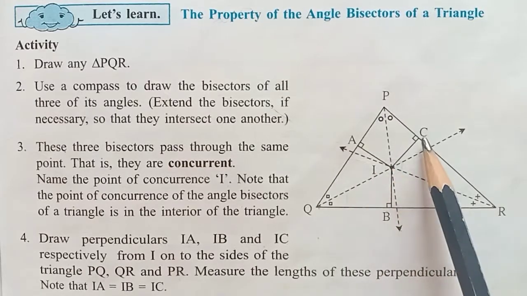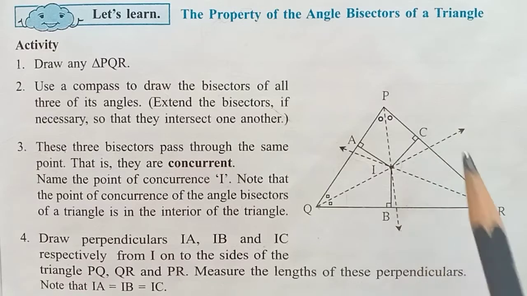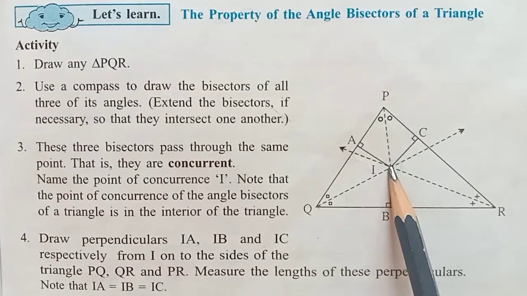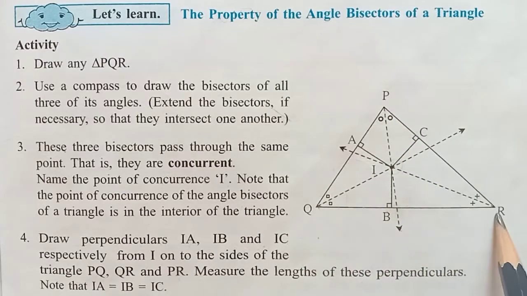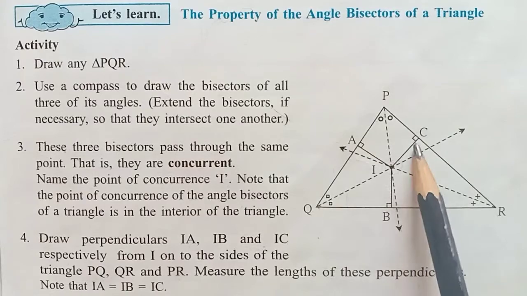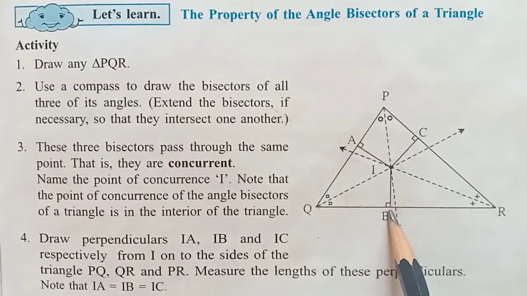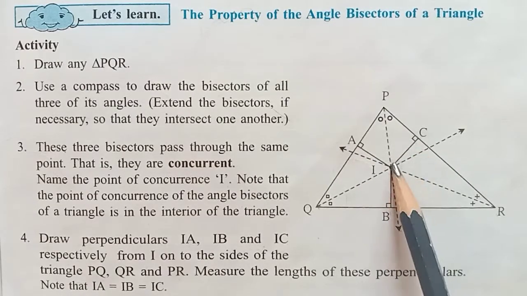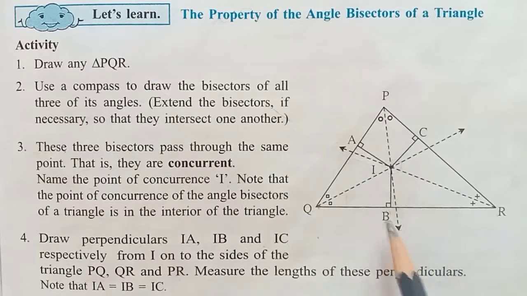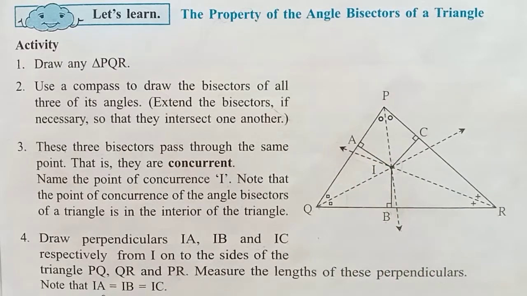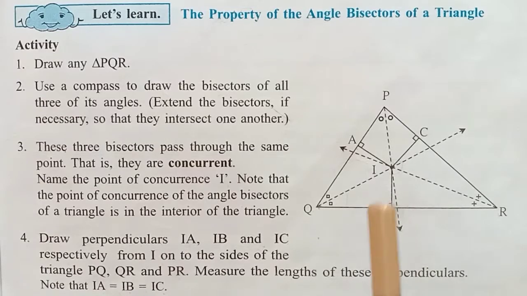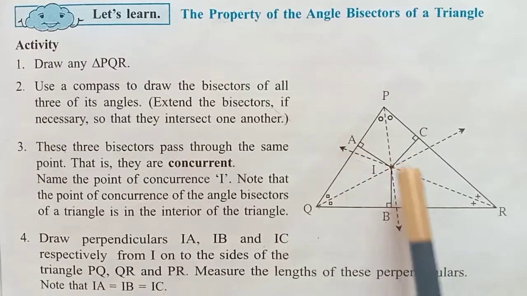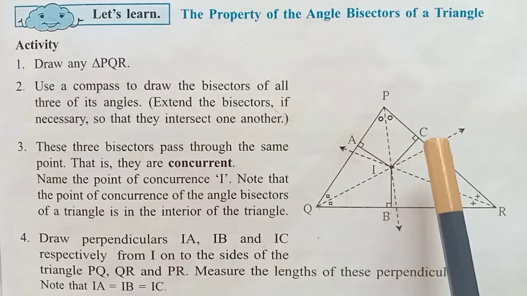We will find that IA is equal to IB is equal to IC.